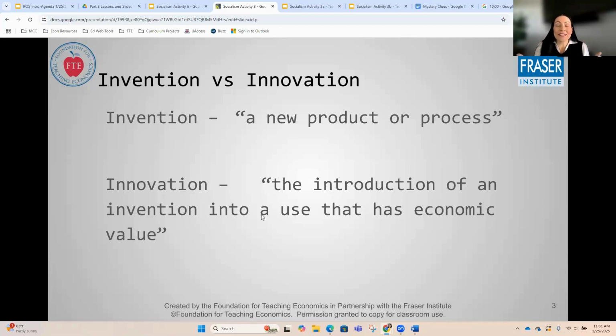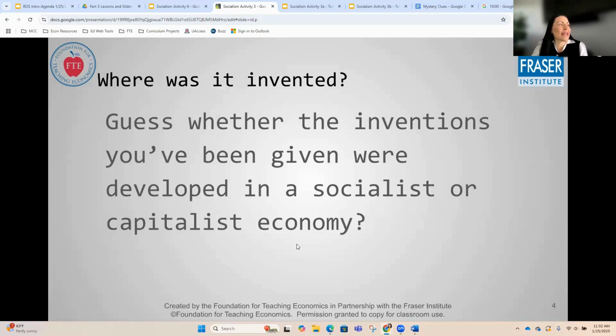One of them was a talking doll. It looked like something out of a horror movie. It was definitely before its time. It was an invention, but there was really no innovation that made it have value in the marketplace at the time, compared to the light bulb, for example, which definitely had value in the marketplace.